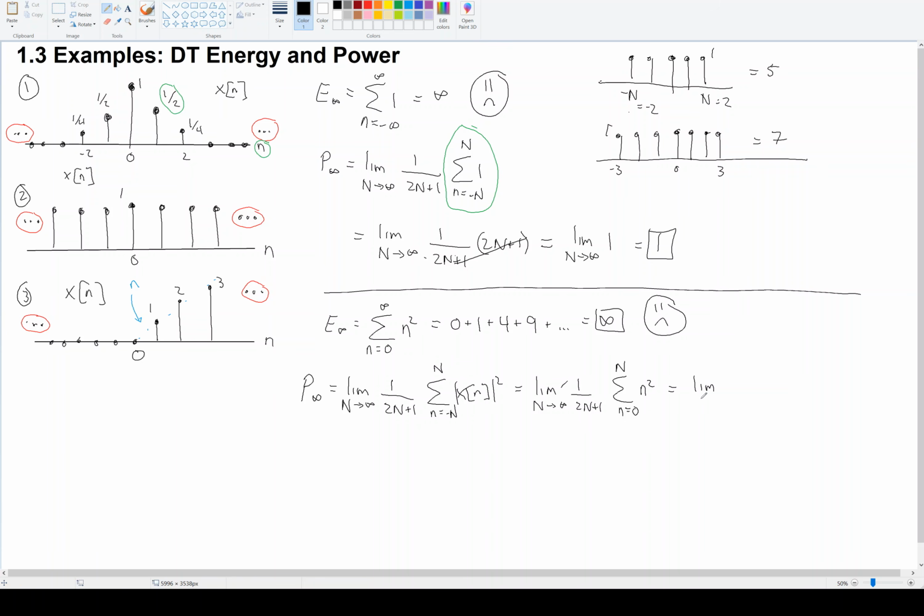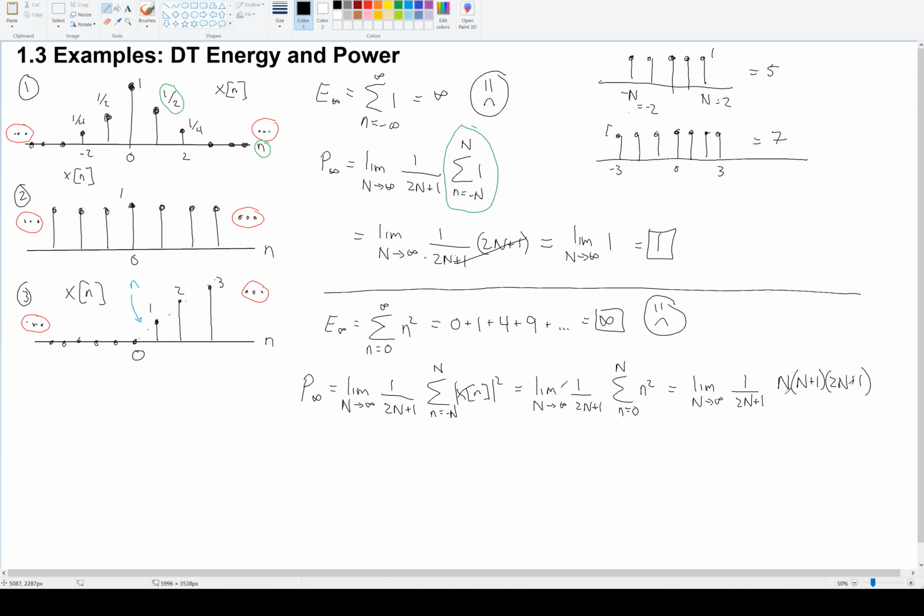Now, for the moment, I have a finite number, capital N, up there on top. Now you've seen this formula in your math class. That sum is equal to N times N plus 1 times 2N plus 1, divided by 6.